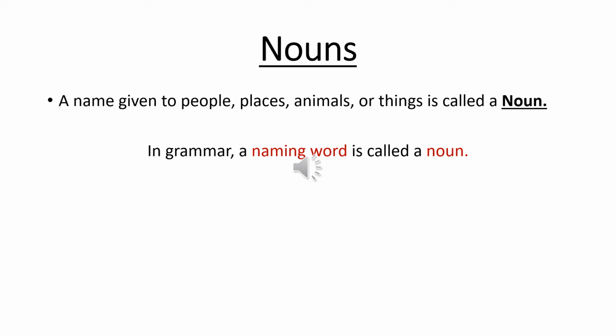So basically, naming word is called a noun. I hope you understand. You can see it in your book that it is clearly mentioned that a naming word is known as a noun.